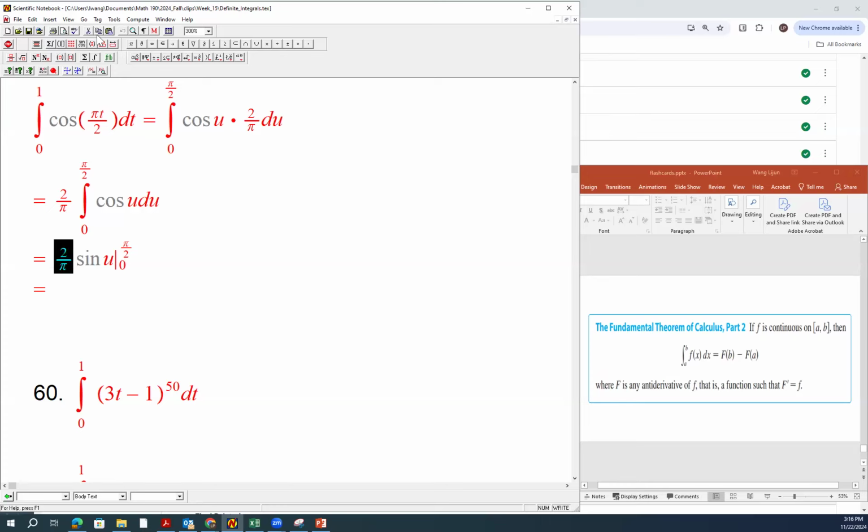Pi over 2 as a constant, I'm going to leave it outside the bracket. On this part, we're going to substitute u by pi over 2, and subtract sine of 0. So we get sine u, lower limit 0, upper limit pi over 2.